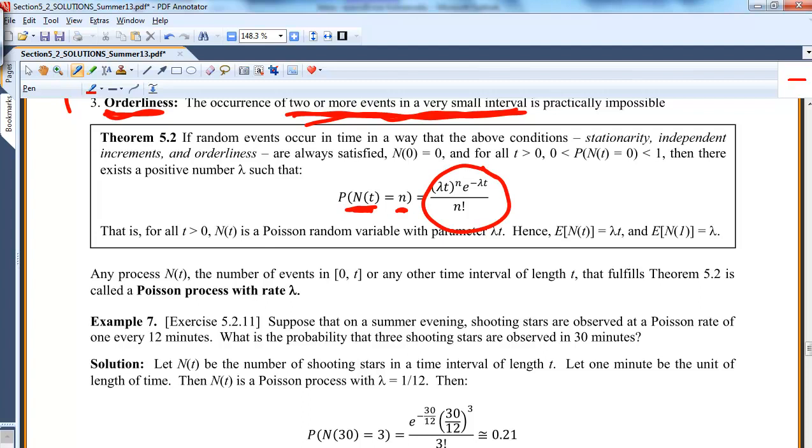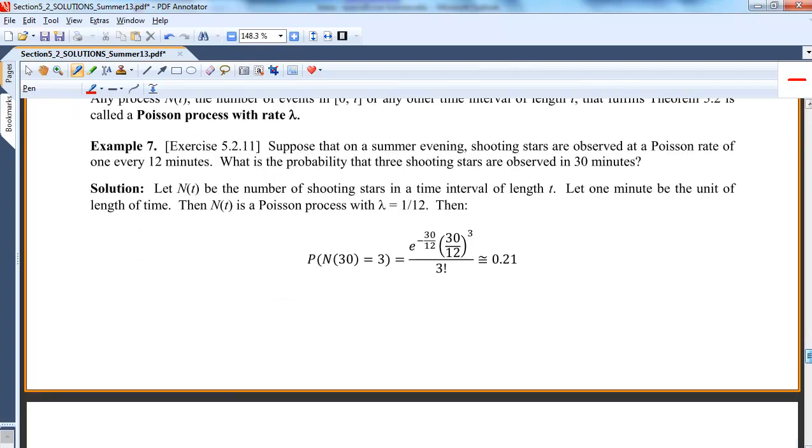So if you expect lambda of them to occur in, let's say, t equals 1 hour, if I was looking at 2 hours, then I'm going to have 2 lambda, and 2 lambda is going to go up there. I'm thinking of it as a Poisson random variable, and sometimes I don't even stop to think, oh, I'm doing a Poisson process.